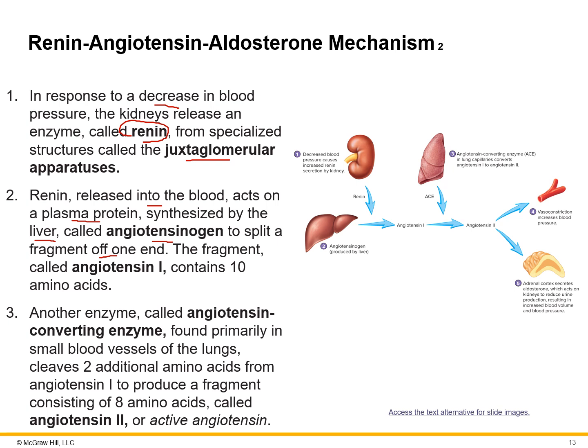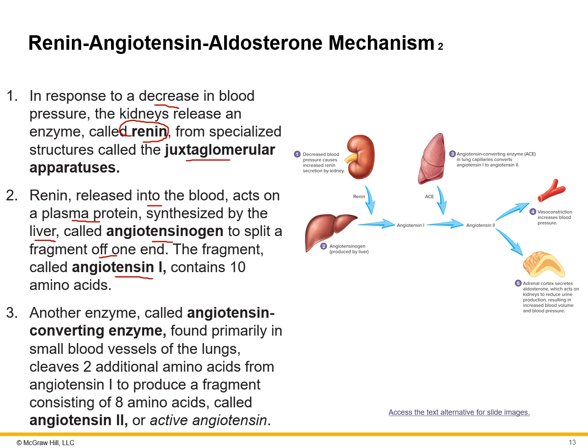The fragment is called angiotensin 1, and it has only 10 amino acids, so it's a really short protein. So renin acts on angiotensinogen, we split that into fragments, and one of those fragments is called angiotensin 1.